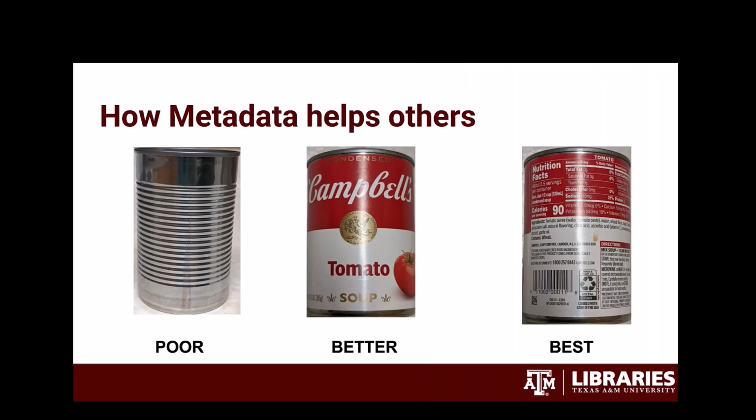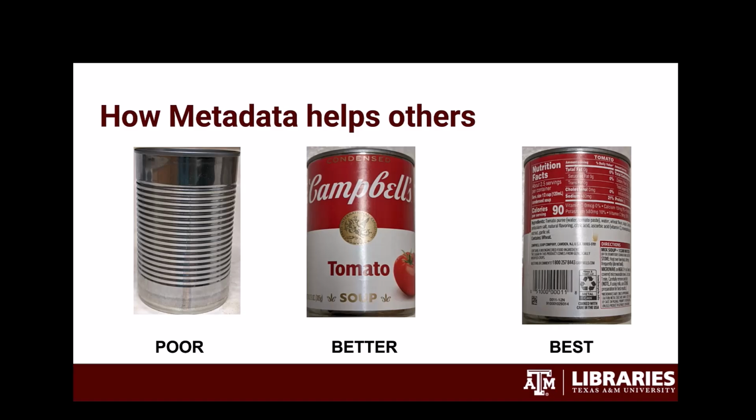This slide of cans with and without labels shows how metadata can be helpful to others. If we look at the can on the left, it has no label. We assume there's something in the can, but we don't know if it's food, paint, or glue. This is the equivalent of just handing somebody your data spreadsheet with no background information or metadata.